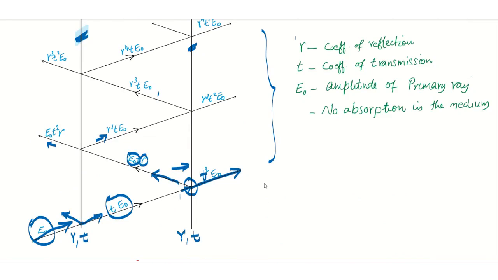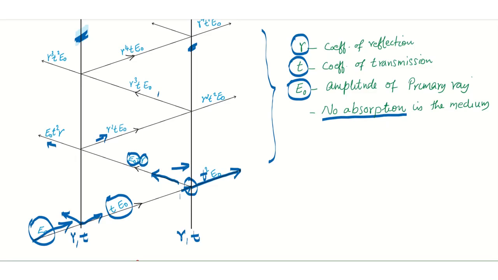R is the coefficient of reflection, T is the coefficient of transmission, E0 is the amplitude, and we assume there is no absorption. You can consider the absorption towards the end, but for now we consider there is no absorption.